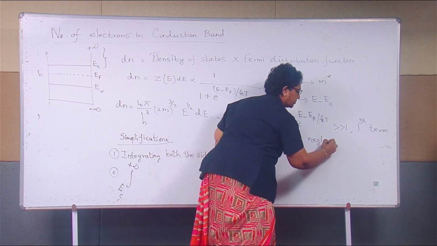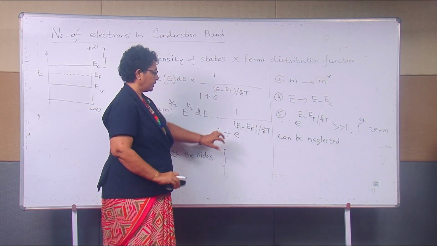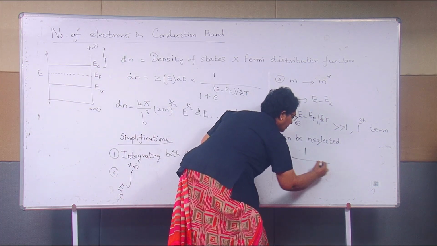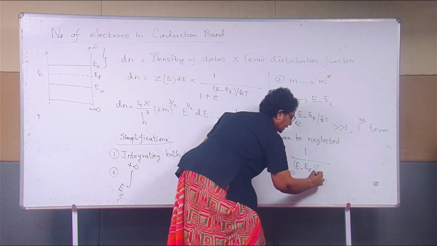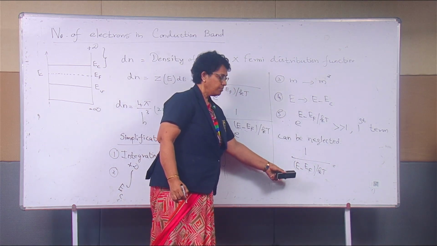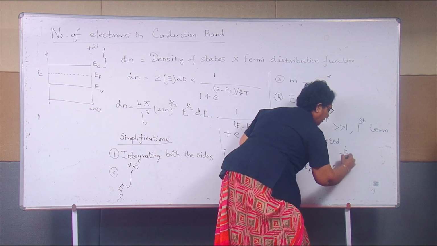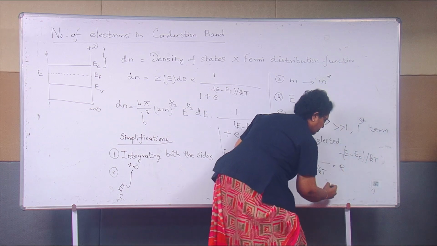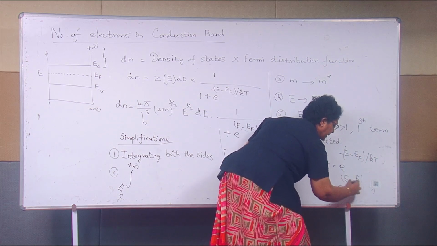So what is the first term here? Just 1. So this 1 can be neglected. So this becomes 1 by e to the power of E minus EF by kT. So for simplification, I can bring this to the numerator. So e to the power of minus E minus EF by kT. So this can be written as e to the power of EF minus E by kT.